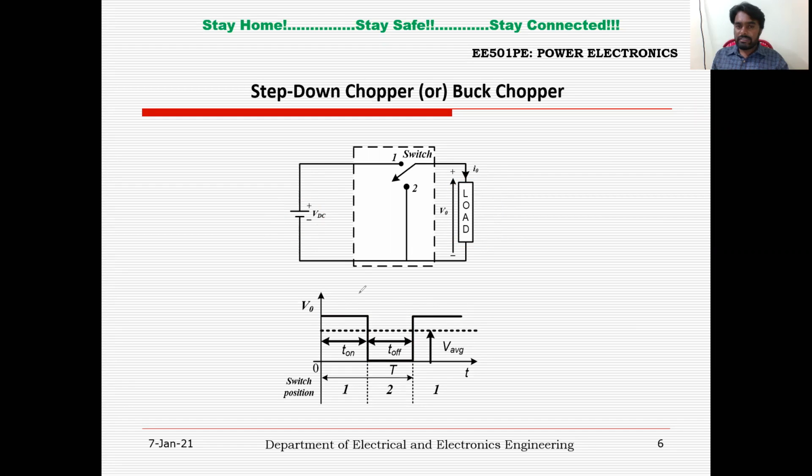Out of this constant DC, I will draw the DC with the red color, just above this line, so that you will get a clear idea. This red color represents your input voltage, right? But I want to get a chopper kind of voltage across the load.